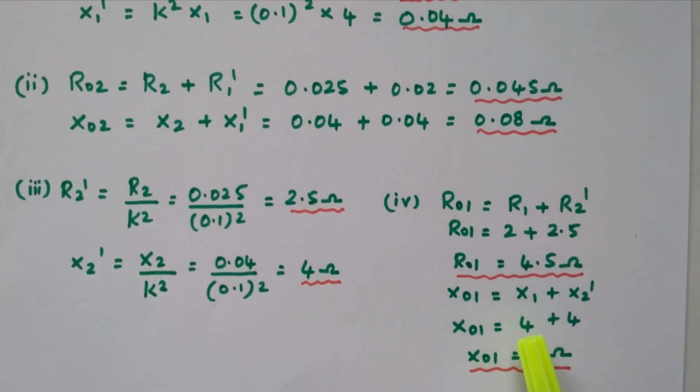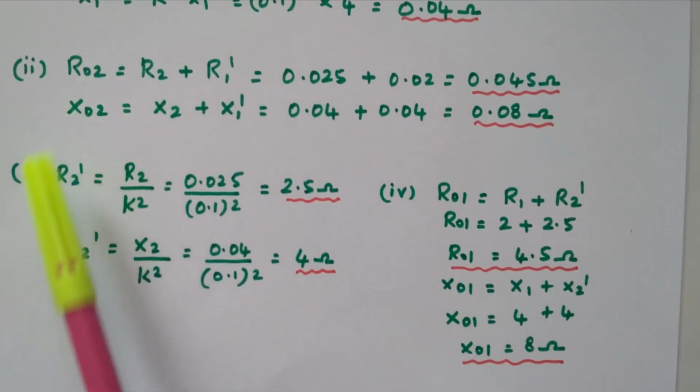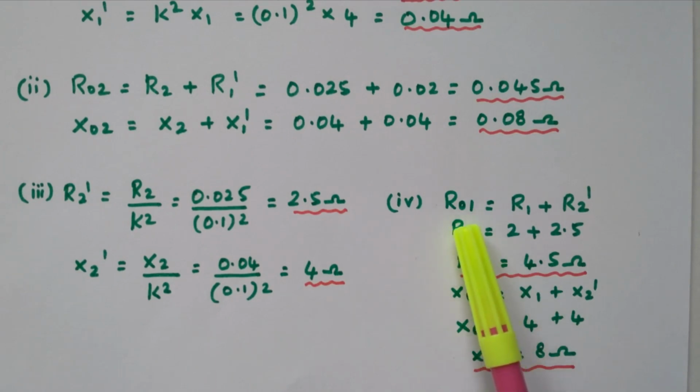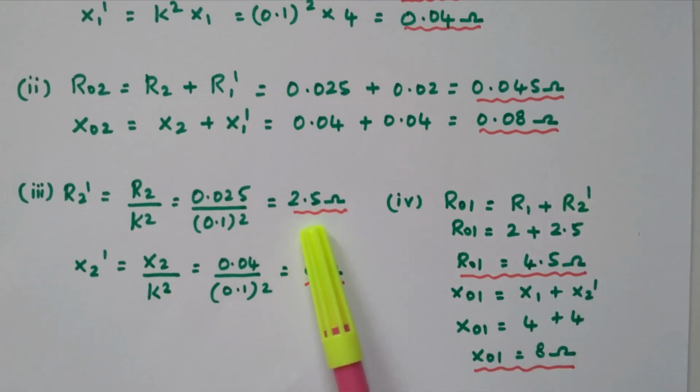Now, we will find the fourth one, total resistance and reactance referring to the primary. These two are secondary, total resistance referring to the secondary, this one referring to the primary. Right. So, R01 equal to R1 plus R2 dash. R2 dash means secondary resistance transferred to the primary. R1 is 2 ohm, R2 dash just now we calculated 2.5 ohm.